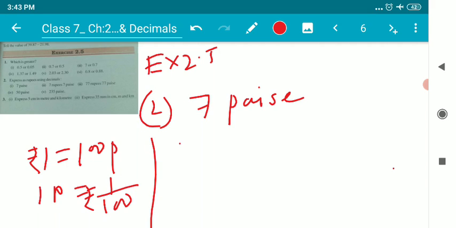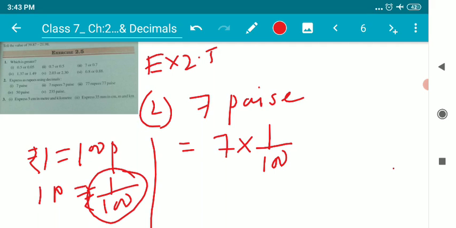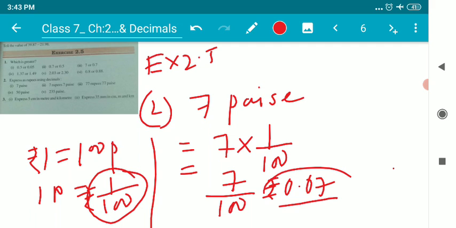So 7 paise to be converted into rupee, how to do? Just 7 into 1 by 100, because 1 paise is equal to 1 by 100 rupee. So 7 paise means 7 into 1 by 100 rupee, that is 7 by 100, resulting in 0.07 rupees. This is how we get our answer.